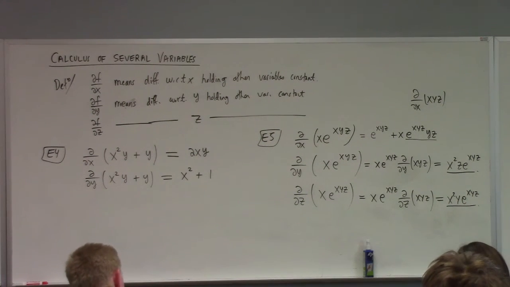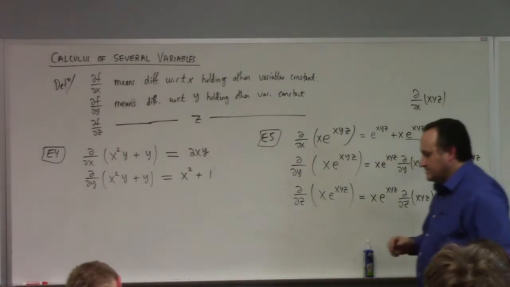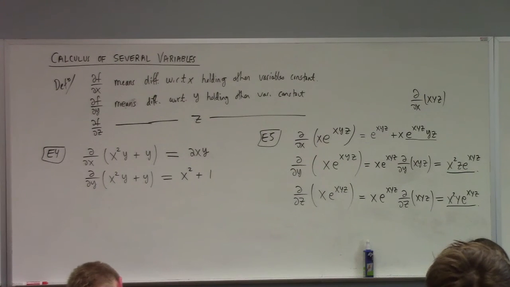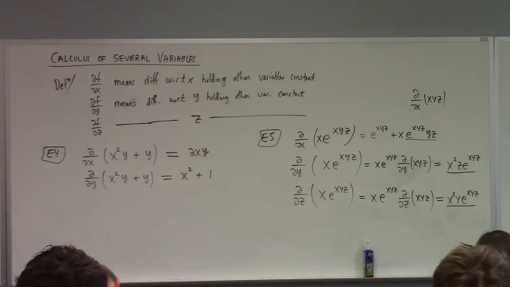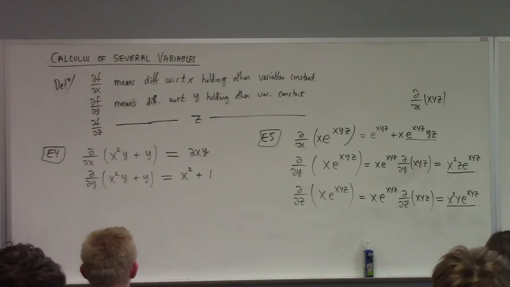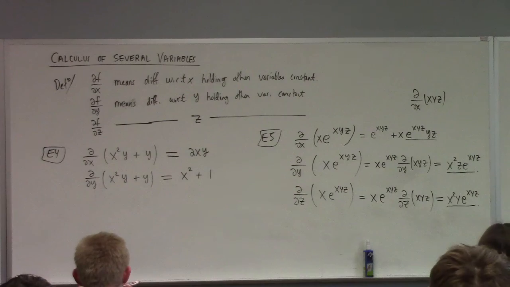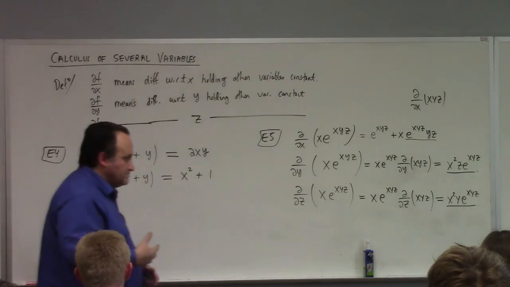So these are partial derivatives, all right? Now, why do we care about partial derivatives? Great question. The answer has to do with what we can do with them. We can use these partial derivatives together to form something called the gradient.